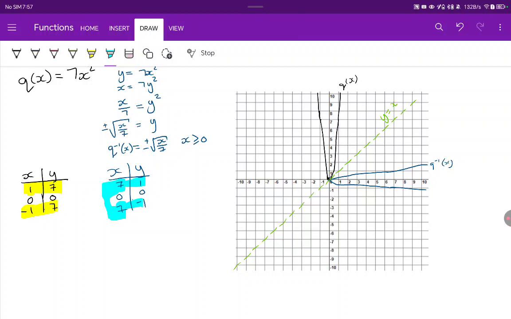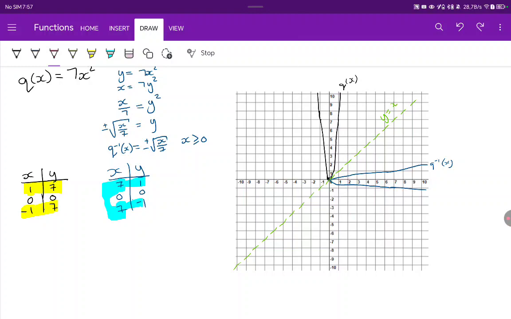So what I'm trying to say to you is if you do the vertical line test, you will notice that going down there, I cut this at two places. And going down there, I cut this at two places. In other words, q minus 1 of x is not a function because for every x value, there are two y values, which is not allowed to happen in a function.